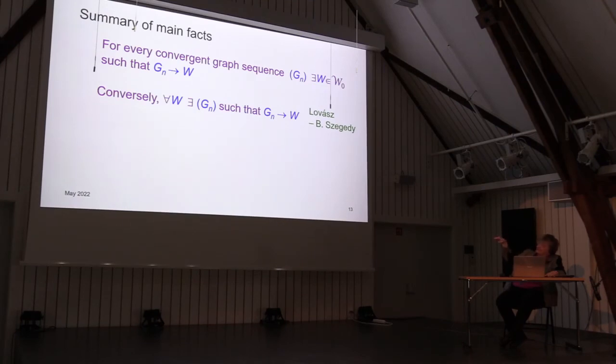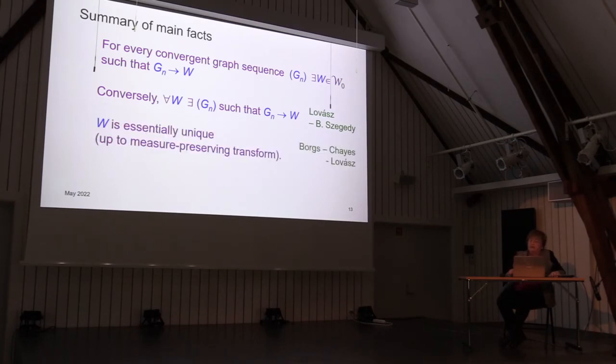And conversely, for every graphon, there exists a graph sequence which converges to this graphon. Another important fact is that this limit graphon is essentially unique up to measure preserving transformations.